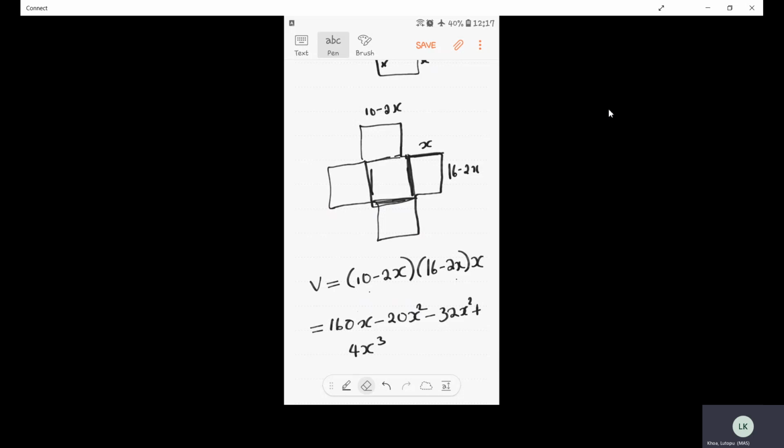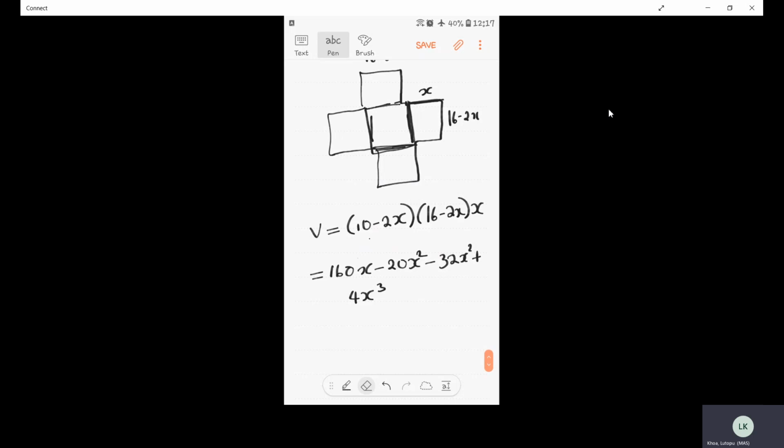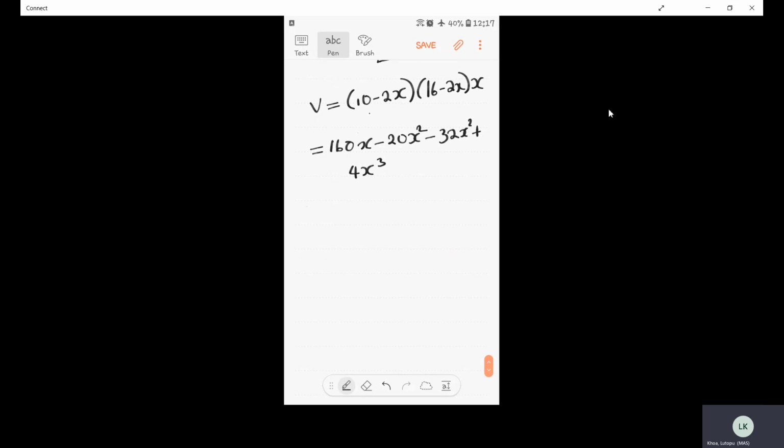Negative 2x times negative 2x is positive 4x squared times x is 4x cubed. Then when you simplify this, this is just equal to 160x minus 52x squared plus 4x cubed. So we have that one there.